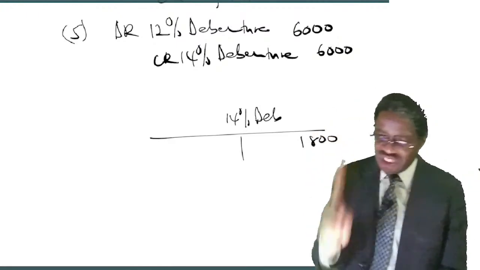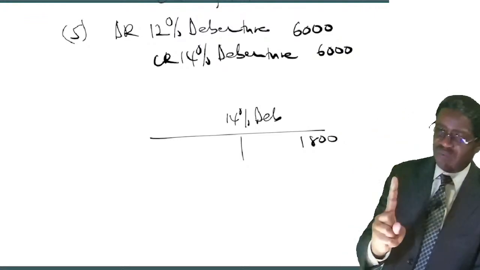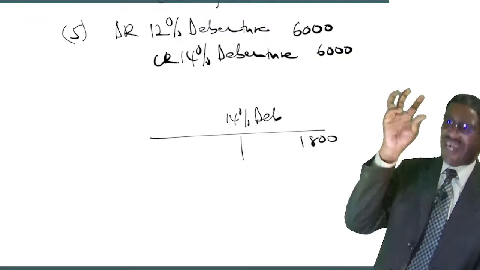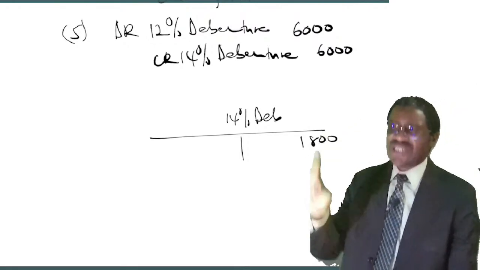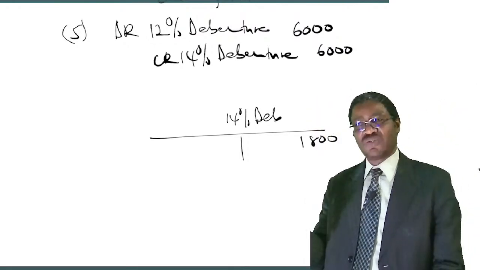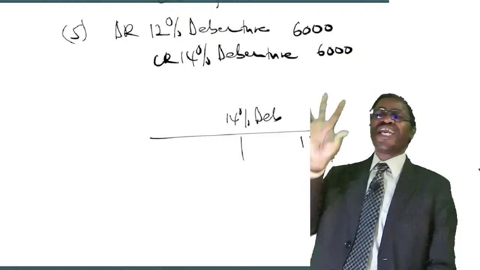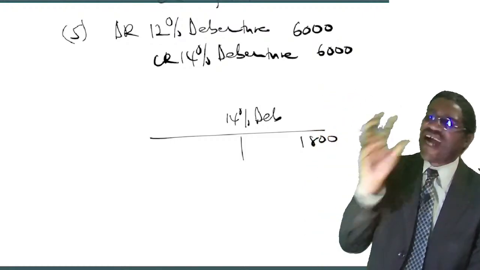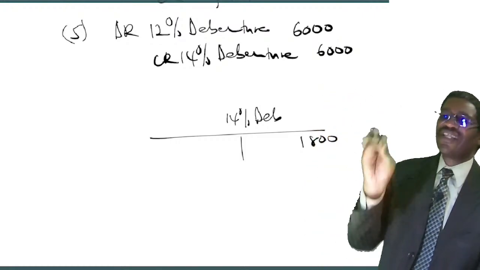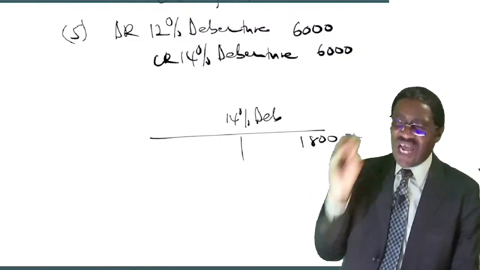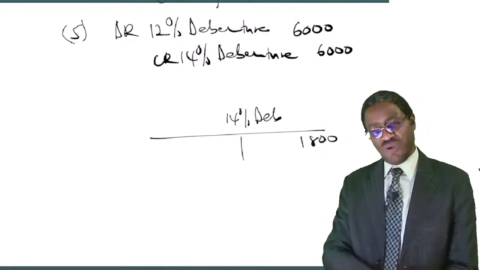Whenever you issue shares at a premium, the share capital must always take the nominal value. Even when you issue shares at a discount, the share capital account must have the total nominal value.